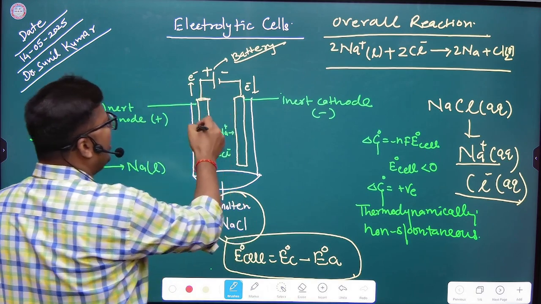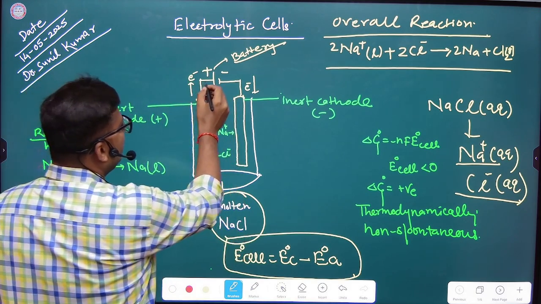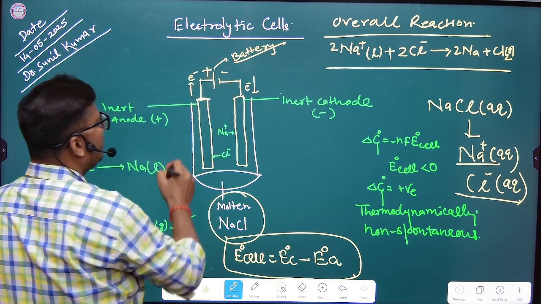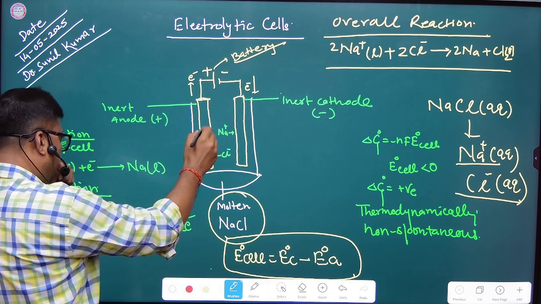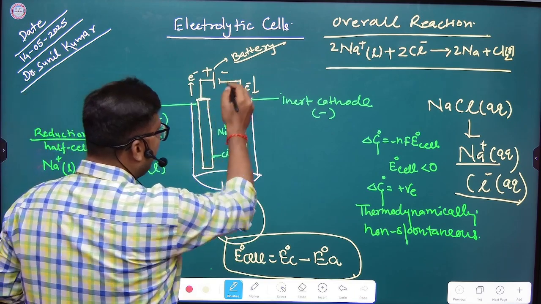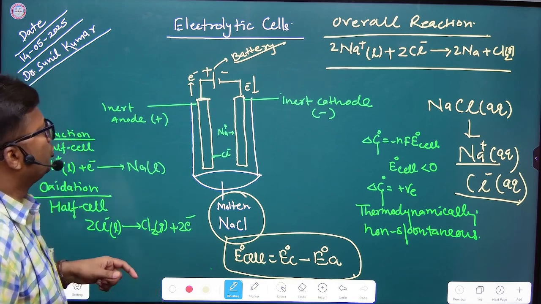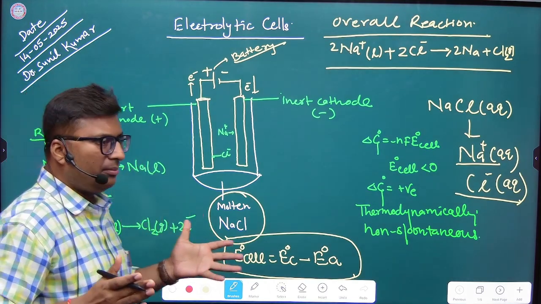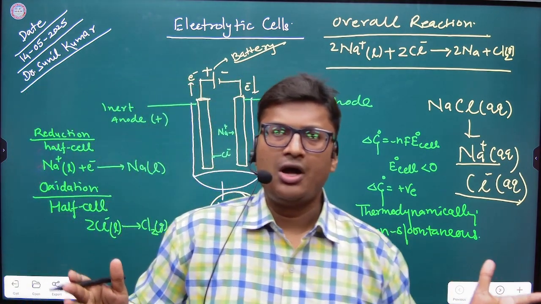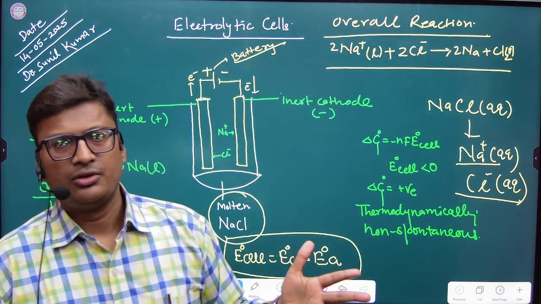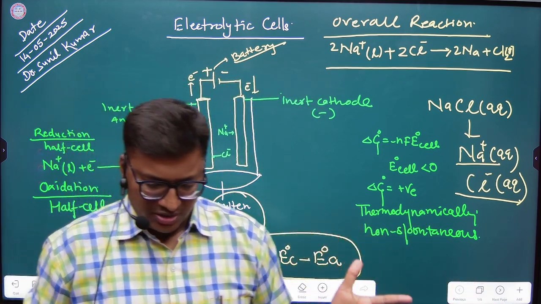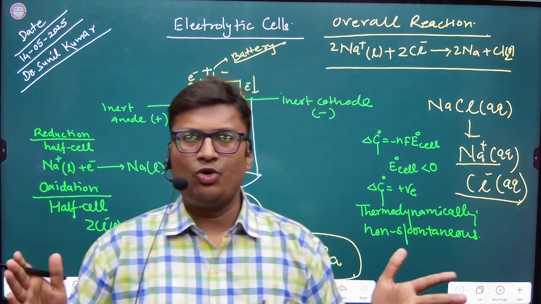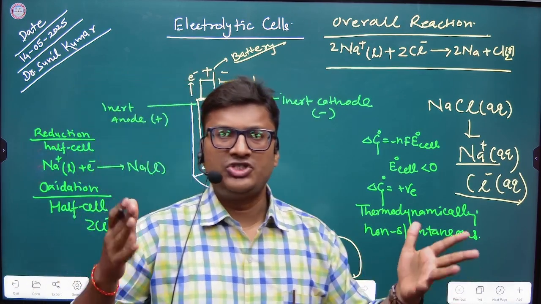Since one electrode is connected with the positive pole and another electrode is connected with the negative pole, there is a potential difference between these two inert electrodes. So one electrode acquires positive charge while the other electrode acquires negative charge.